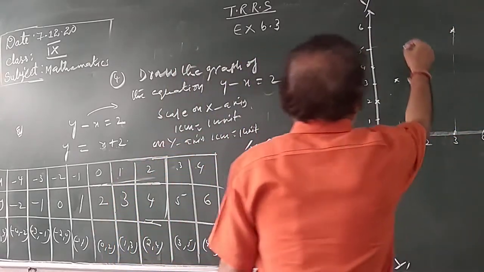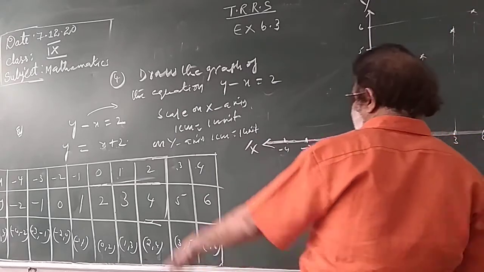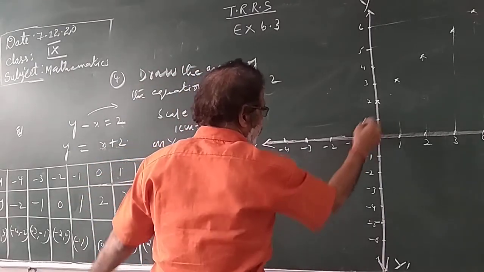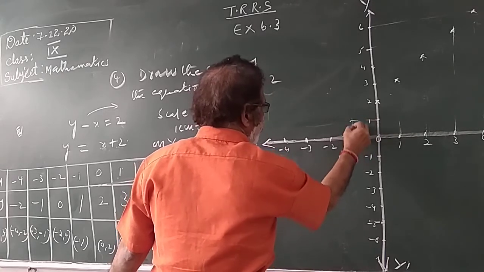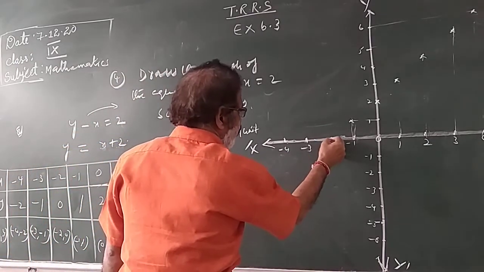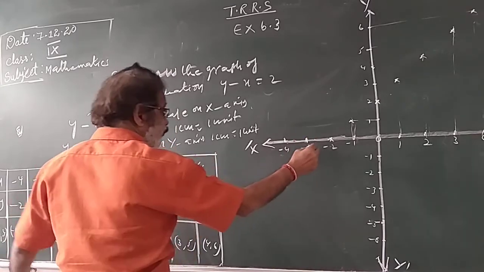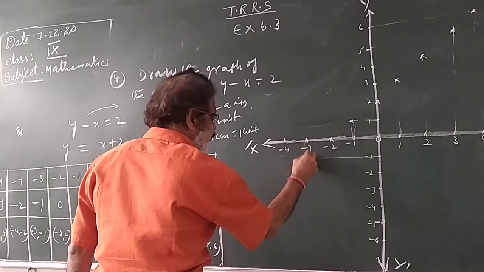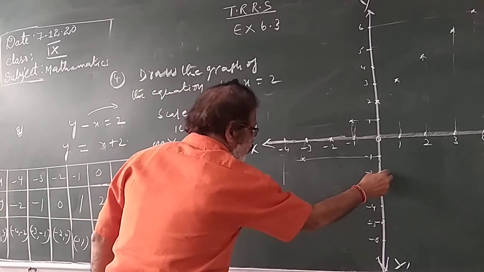X is equal to 4, y is equal to 6. X is equal to minus 1, y 1. X is equal to minus 2, y 0. X is equal to minus 3, y minus 1. X is equal to minus 4, y minus 2.